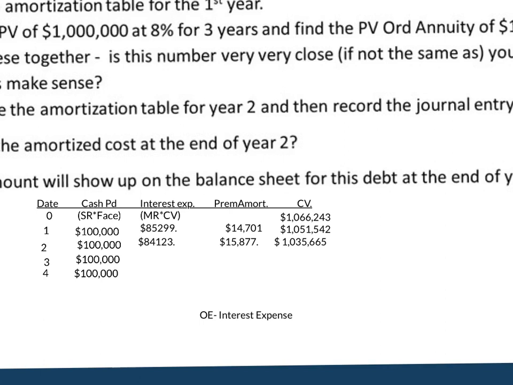I'm just going to pull the amounts out of my amortization table. So that interest expense was $84,123. I have a premium that we're amortizing, so that is going to happen with a debit. That's going to make my liability smaller. So that's the premium on bonds payable for $15,877.